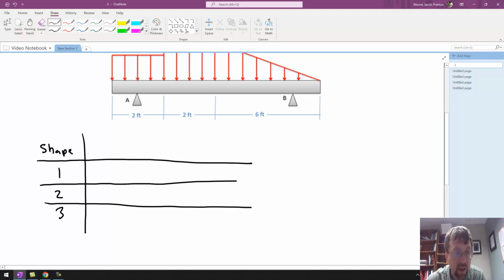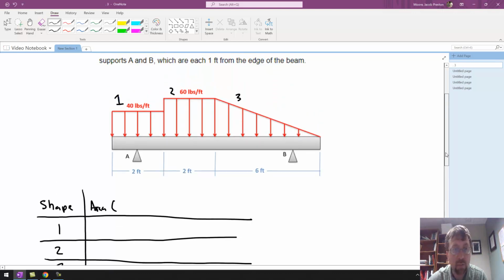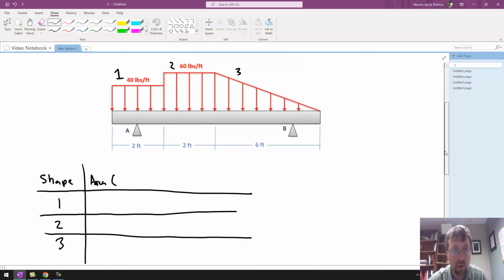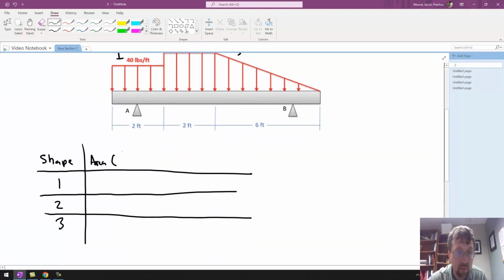Alright, and with this I need to know the area, and the units on that are going to be pounds actually. So if I've got a width of feet, a height of each of these of pounds per foot, times feet is going to give you pounds.